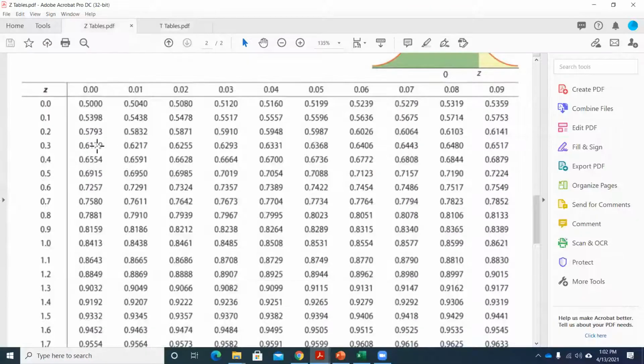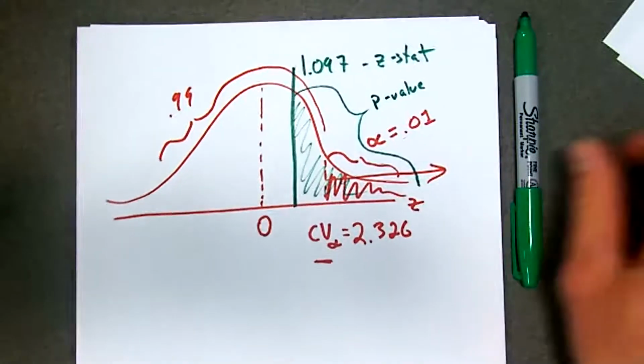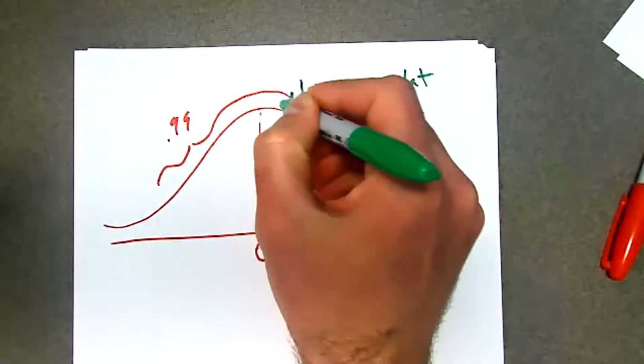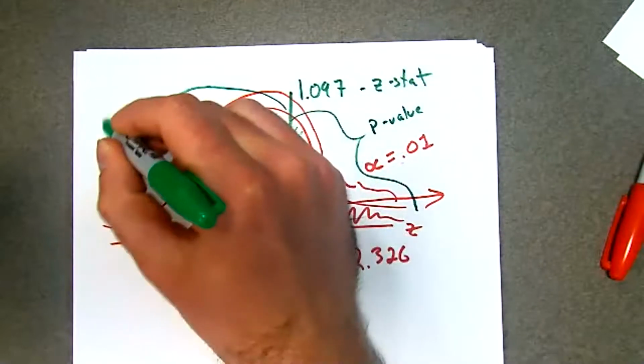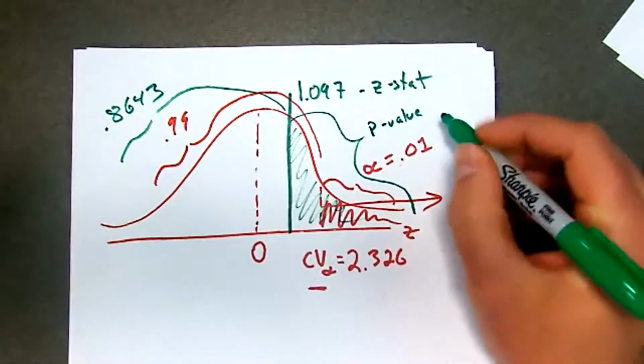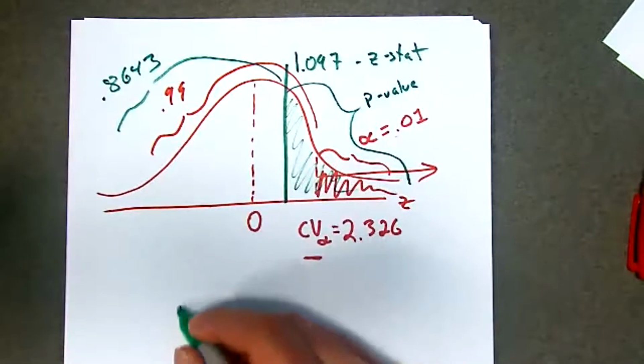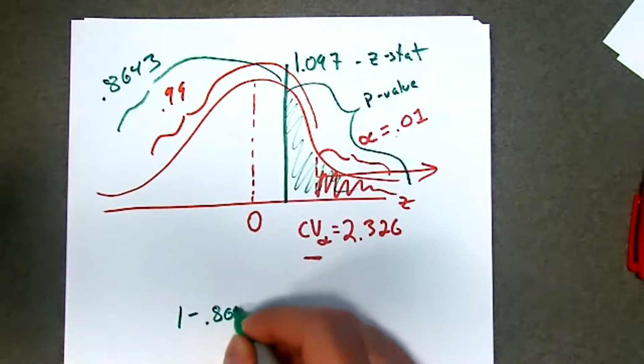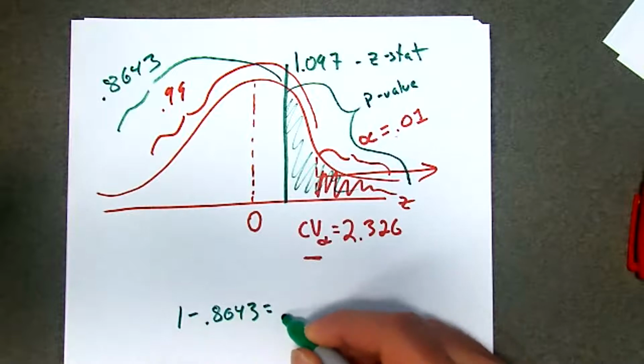So go to my Z table, 1.10, 0.8643. Now remember, the table tells me the area to the left. I wanted the area to the right, so what do I have to do? Subtract that from 1, right? So we get 0.1357.